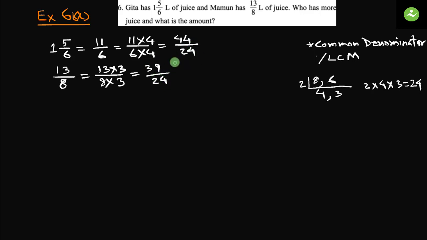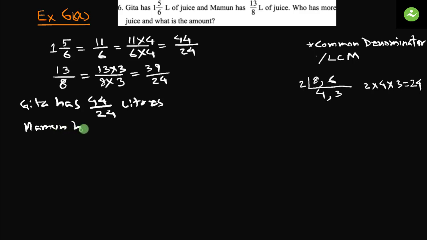Yes, sure. So we can say Geeta has 44/24 liters. And Mamun has 39/24 liters.